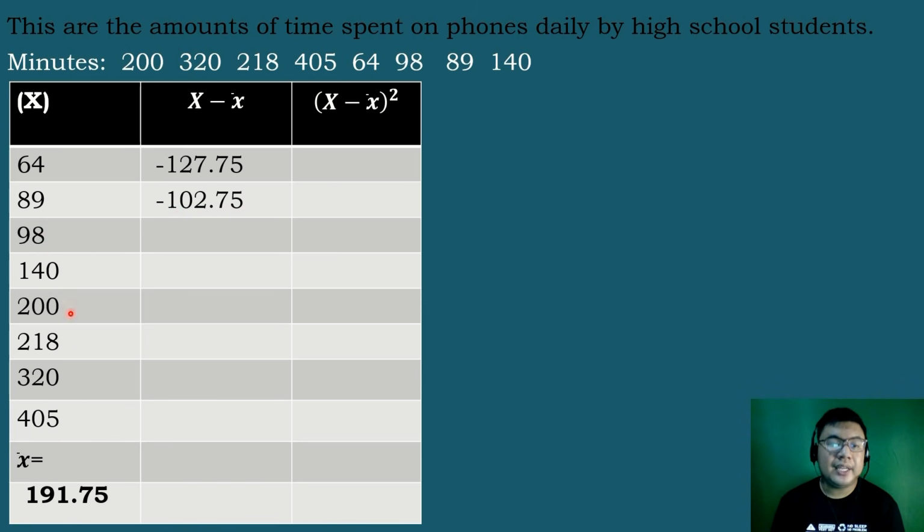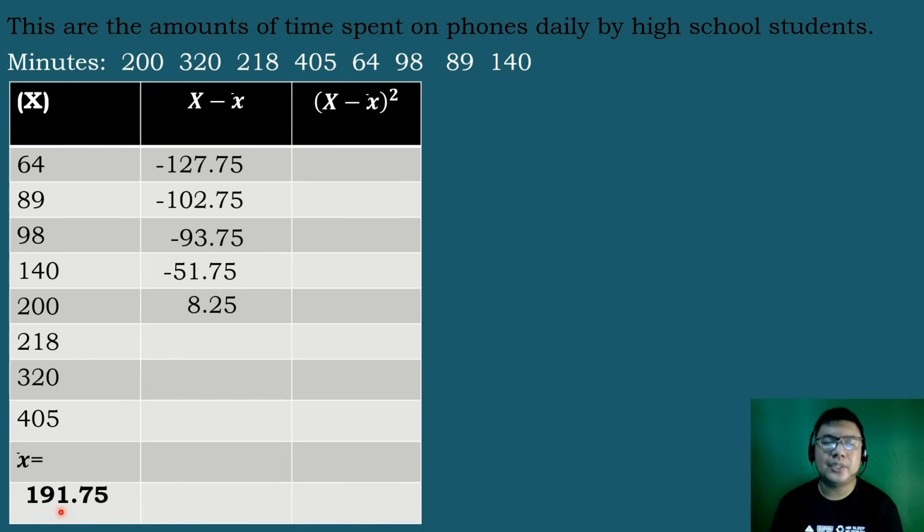Next one, 98 minus 191.75 is equal to negative 93.75. 140 minus 191.75 is equal to negative 51.75. 200 minus 191.75 is equal to 8.25.